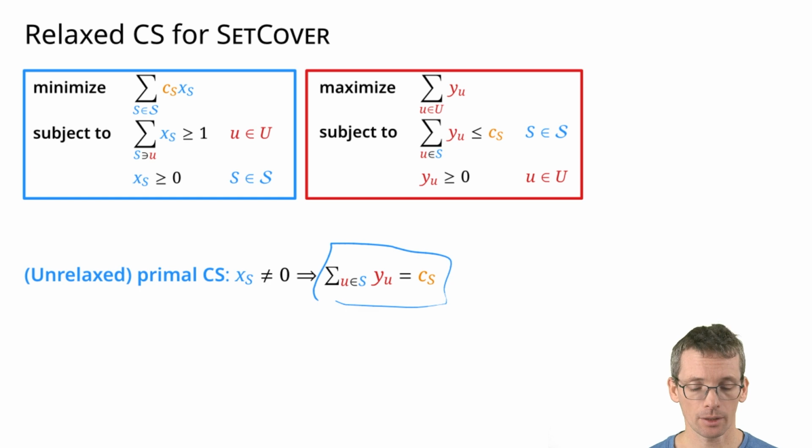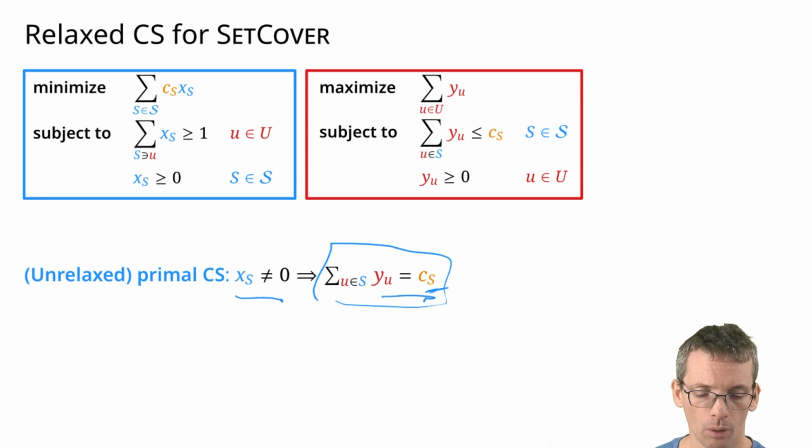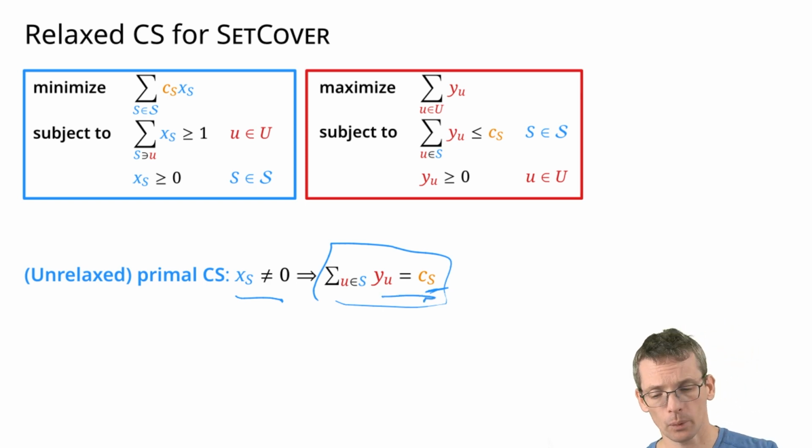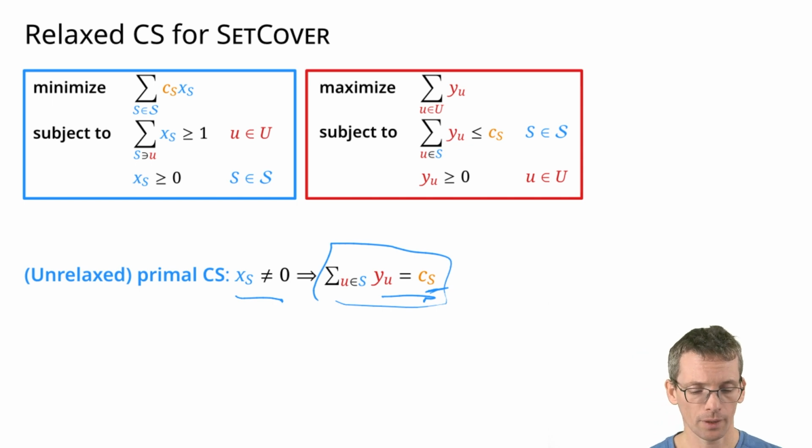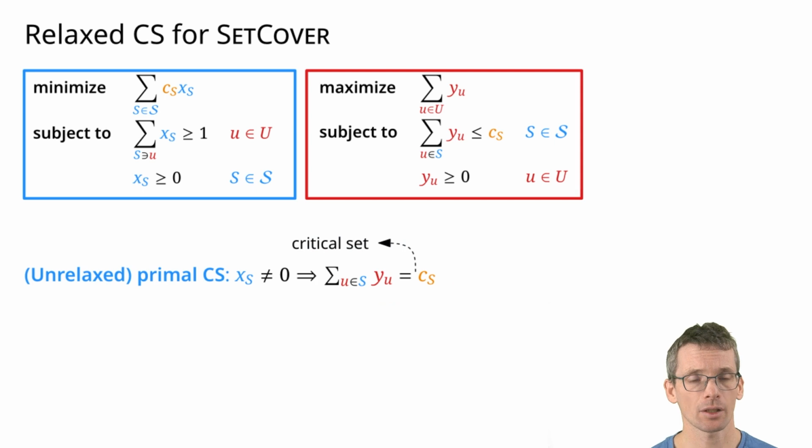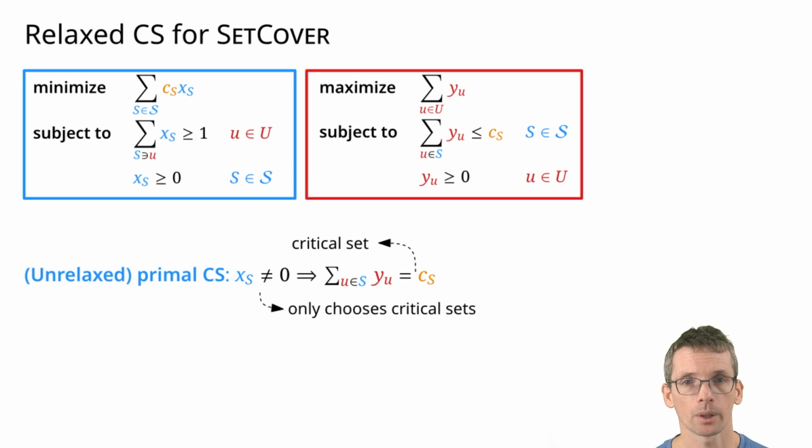So here we have a set: if xs is non-zero, I need to have equality here, and a set for which I do this, where xs is non-zero and therefore I am guaranteeing equality, we'll call a critical set. What this then means is that we only are allowed to pick critical sets.